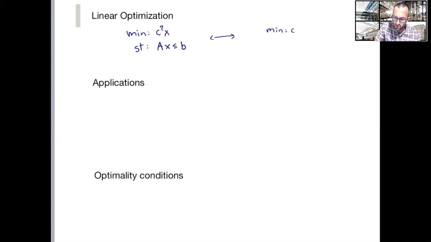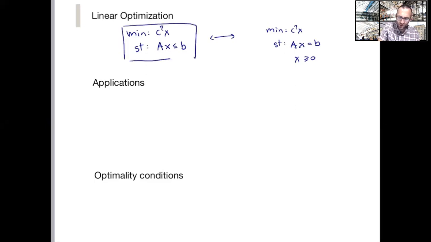We're not going to look at standard form too carefully, but these are equivalent. They're equivalent in the sense that it's possible to write any problem in one form or the other. This doesn't mean that the matrix A is the same on the left and the same on the right. But for now, we're going to stick with this formulation.